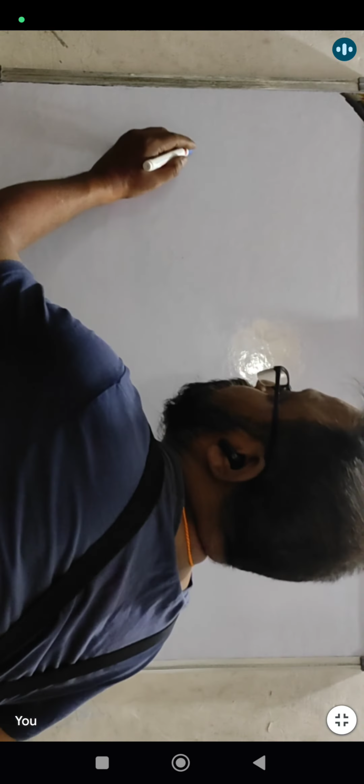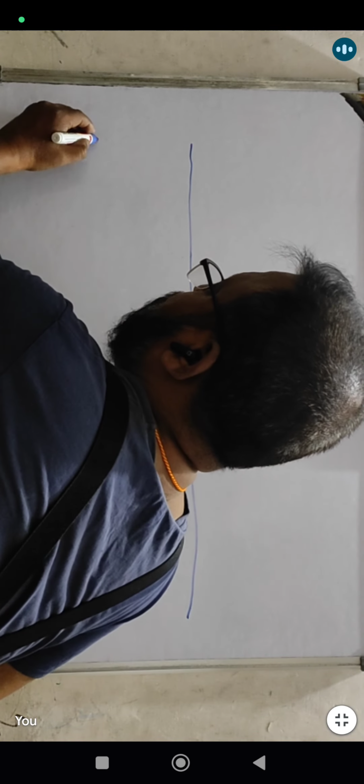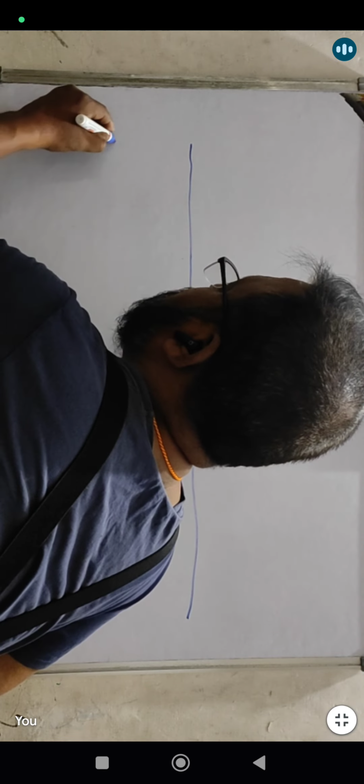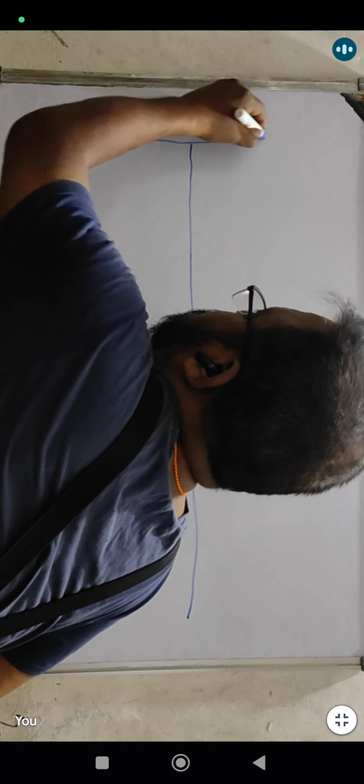What they are saying basically is that there is a refracting surface like this, right? There is a point P, and this point P has a normal like this.